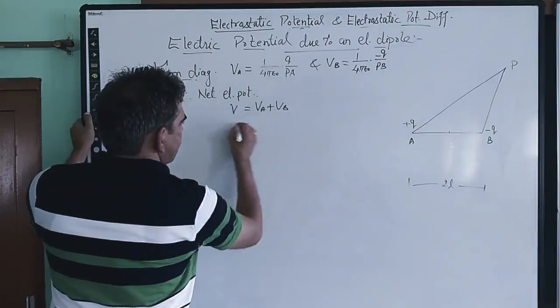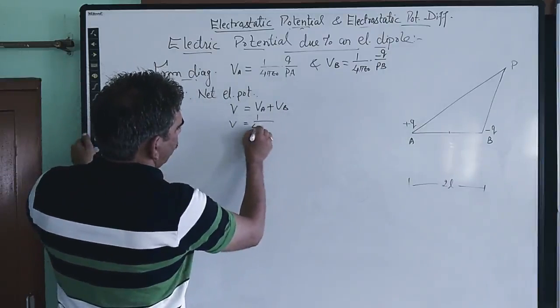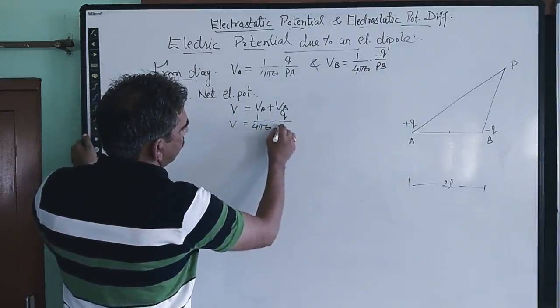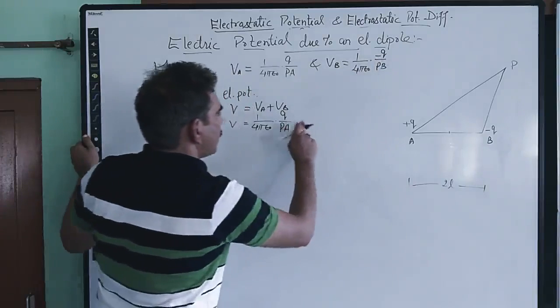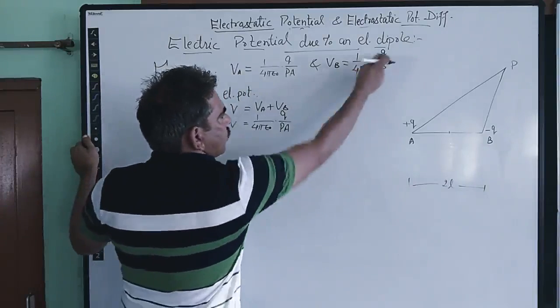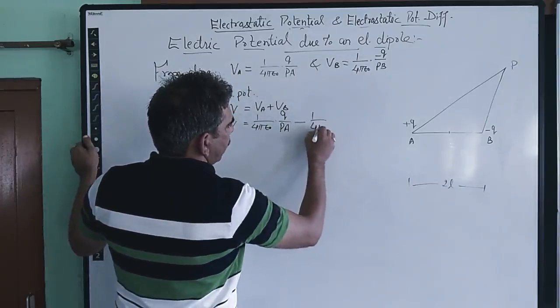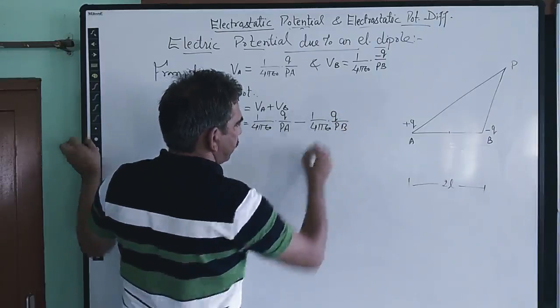That simply gives us VA as 1 upon 4 pi epsilon naught into Q upon PA, plus, or we can say minus, because it is plus here but it is minus in VB, so we write minus 1 upon 4 pi epsilon naught into Q upon PB.